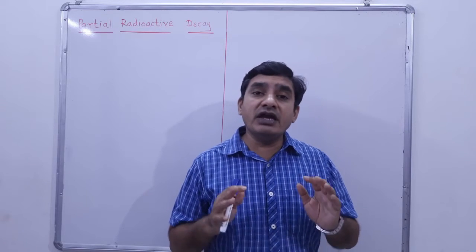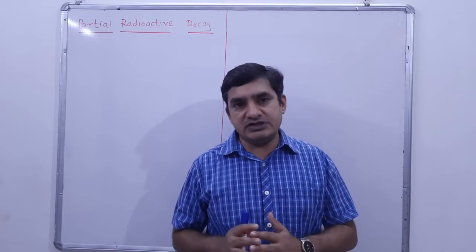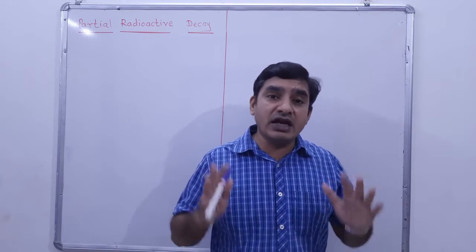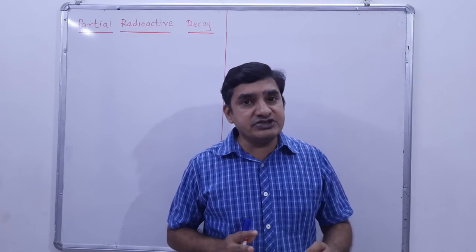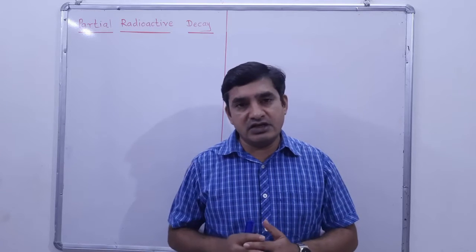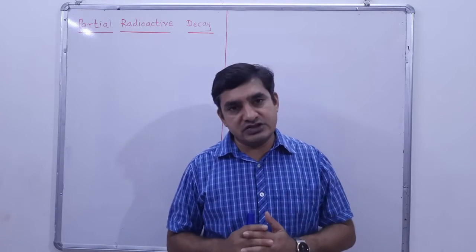Some emit only beta particles, so it is a beta source. But some radioactive elements can emit alpha particles as well as beta particles, and they can also emit gamma radiation.